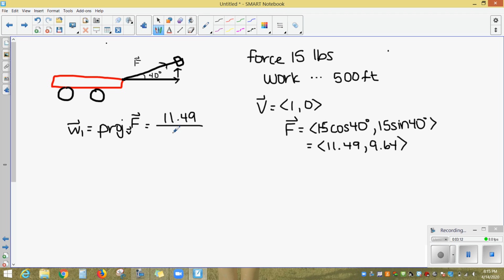The magnitude of v is also boring because it's 1. And so this is the direction and the length, this is how I'm going to stretch my v.